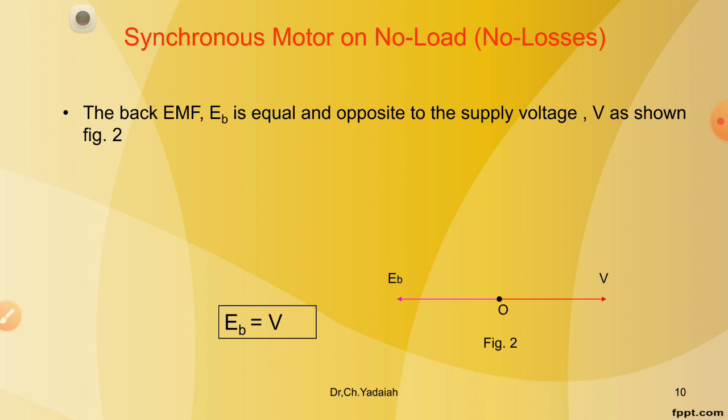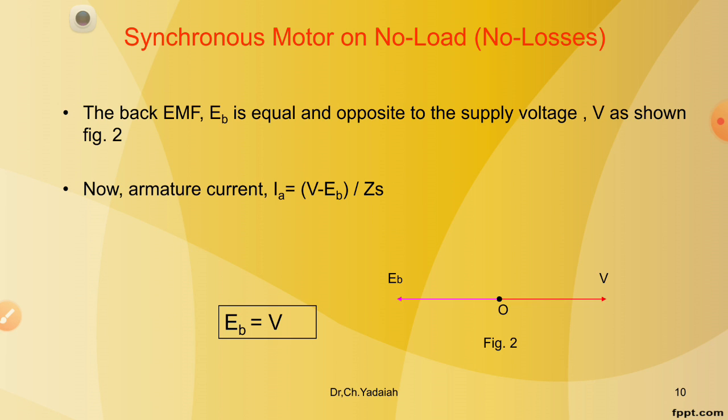During this condition, the EMF induced in the stator, that is the back EMF, is equal in magnitude but 180 degrees opposite to the applied voltage. Then V is equal to EB.